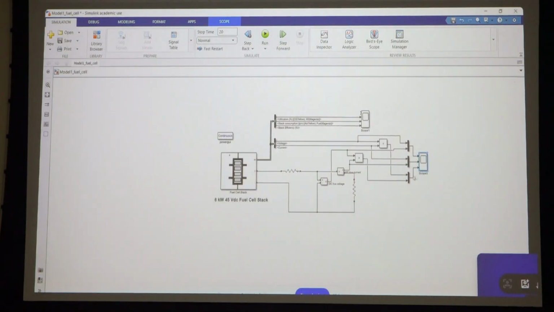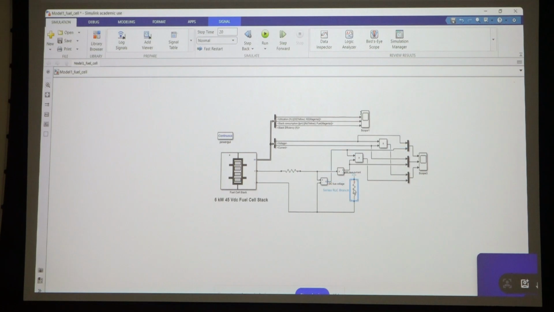This one actually, the third channel here, measured the power. So this is the total supply power by this fuel cell, and another one is the power consumed only by this resistor, using a product block. That means voltage multiplied by current gives us DC power.